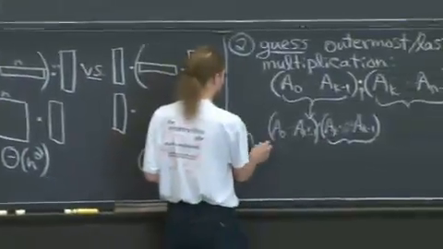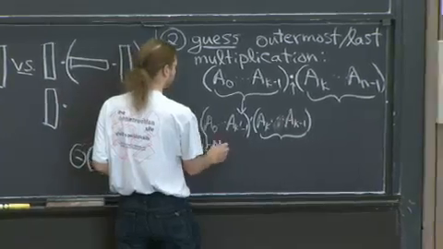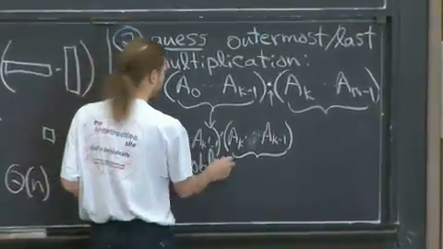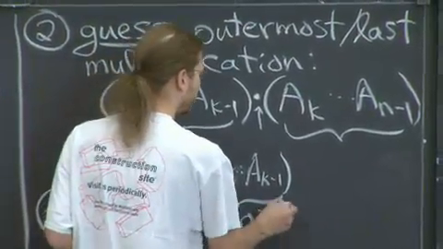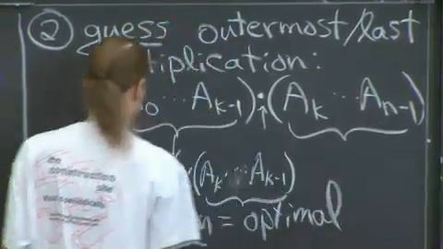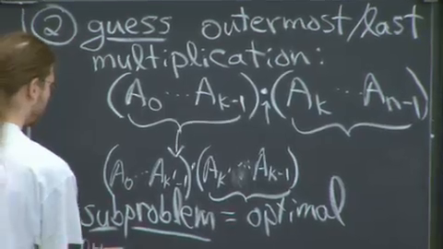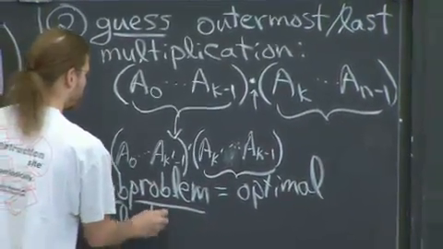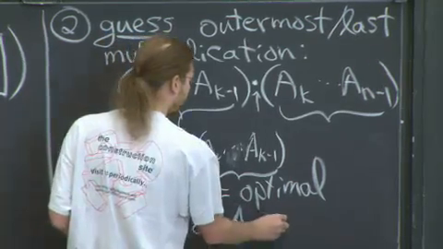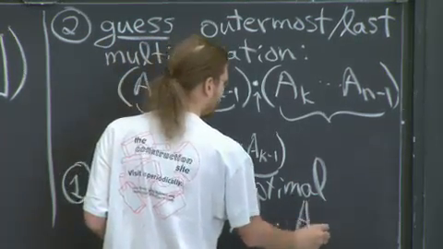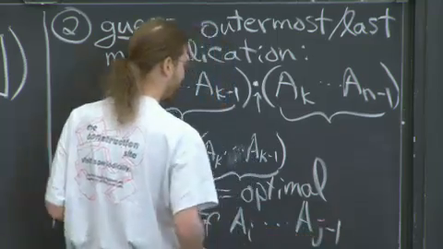Cool. So part 1, the subproblem is going to be the optimal evaluation or parenthesization of ai to aj minus 1.